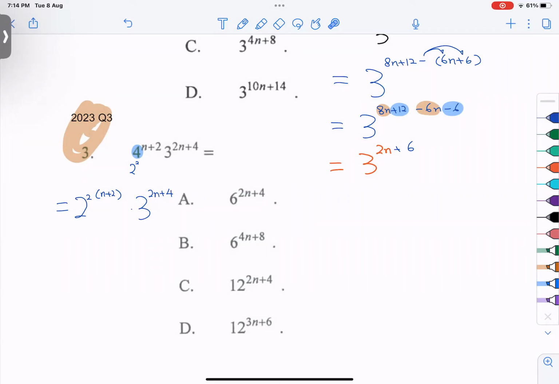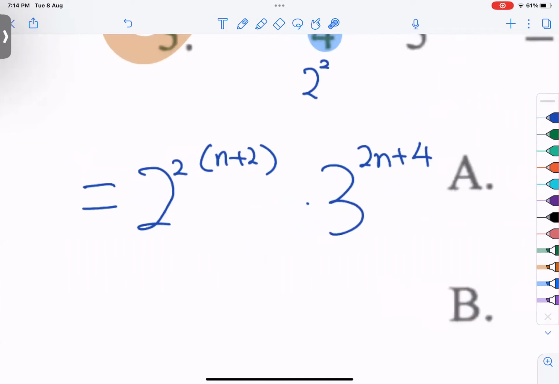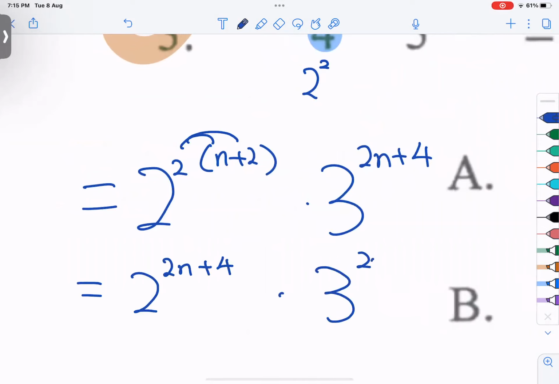Is it B? Nope. It's A. So for this one, open up the powers first. 2 times n, 2n, 2 times 2, 4. So they both have the same powers.